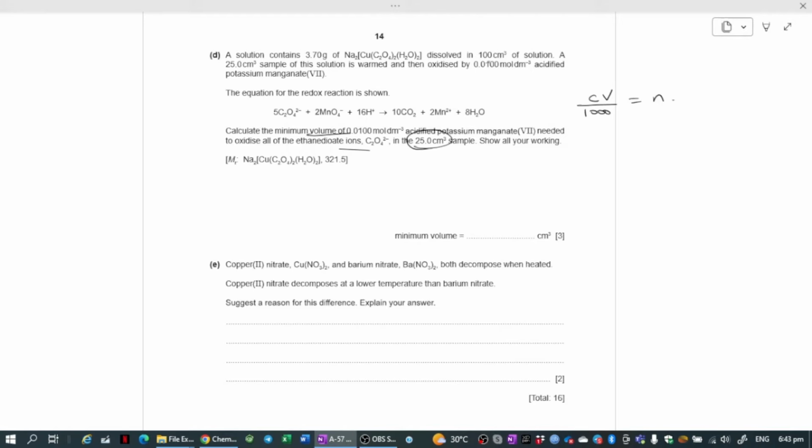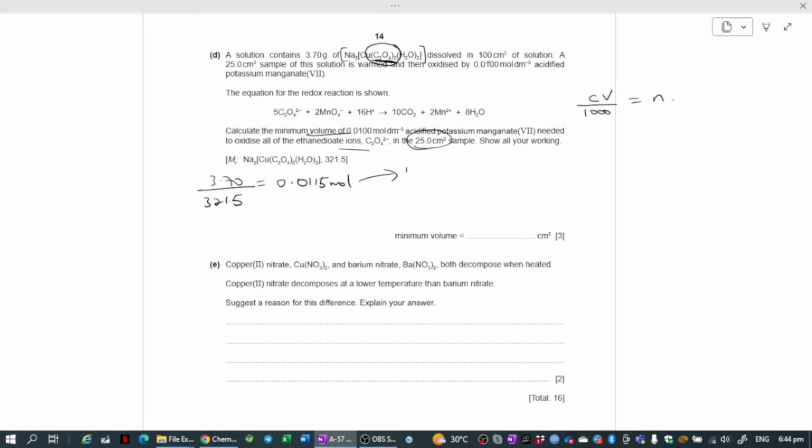Right, now the number of moles of ethane dioate is 2 times the number of moles of the sodium salt, because the sodium salt will dissolve, and when that breaks up, we have 2 moles of ethane dioate inside here. So the number of moles of the sodium salt is 3.70 divided by 321.5, which is 0.0115 moles, right?